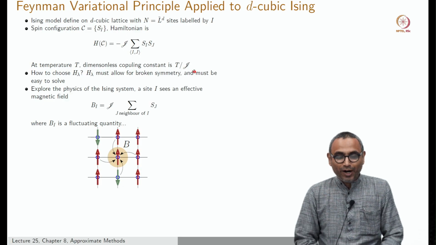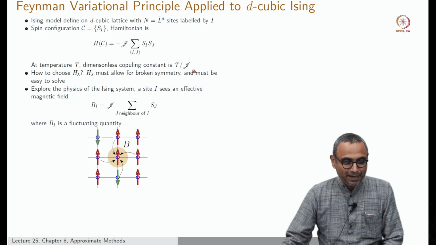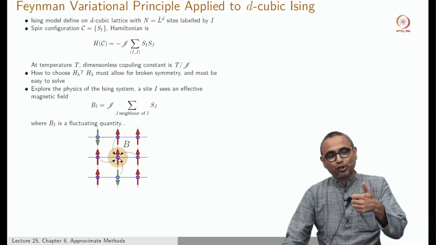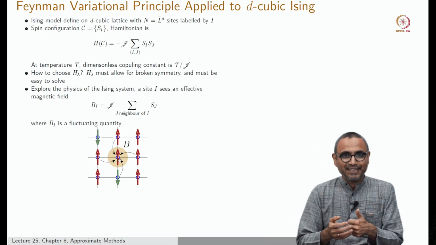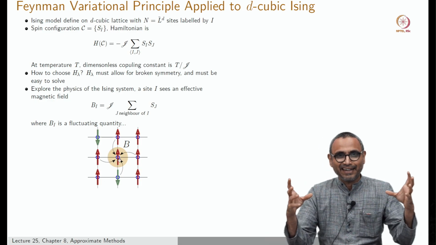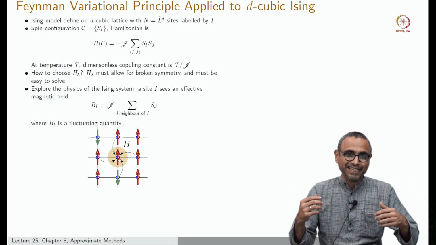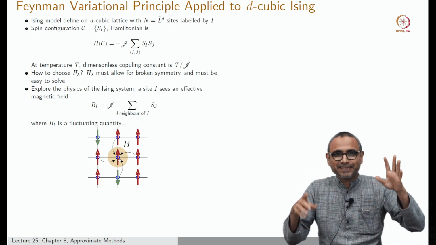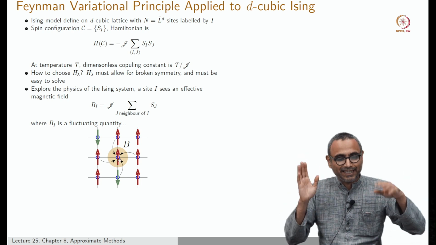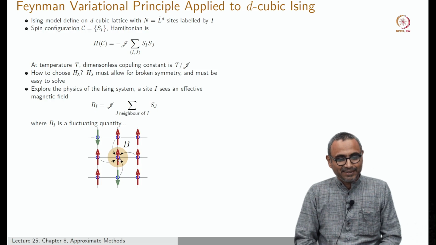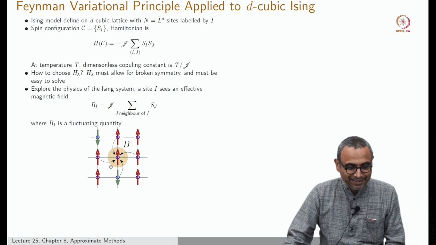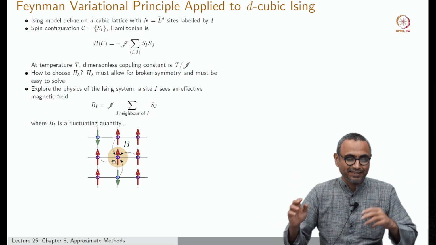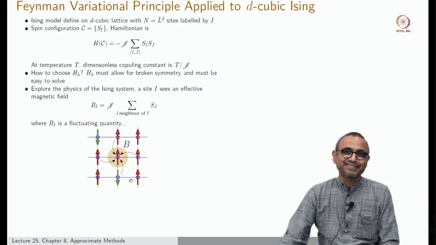I am going to look at a single spin. This single spin is sitting in an environment surrounded by the other spins, which are doing their own thermal dance, fluctuating up and down. So you can ask, what is this spin seeing from the other spins?